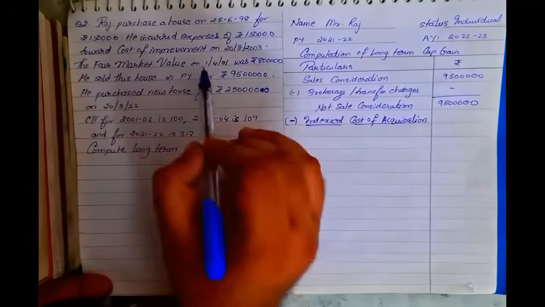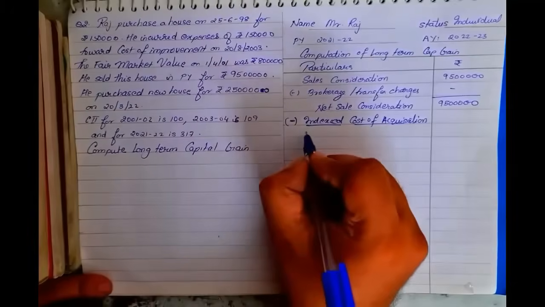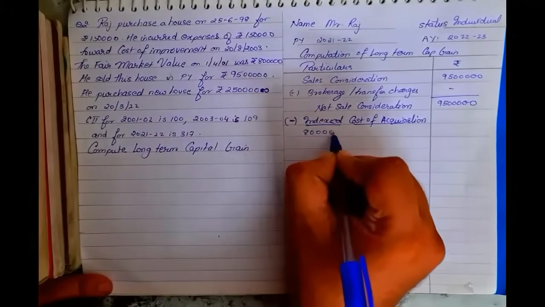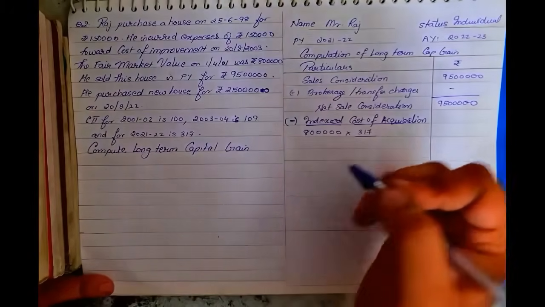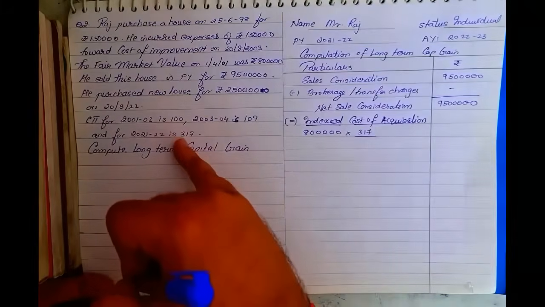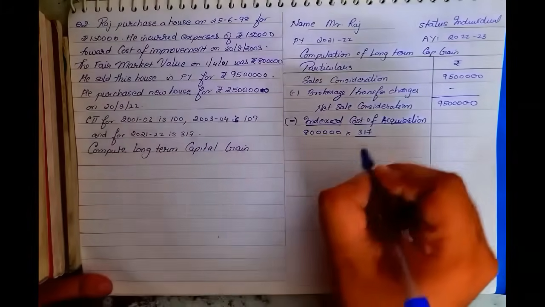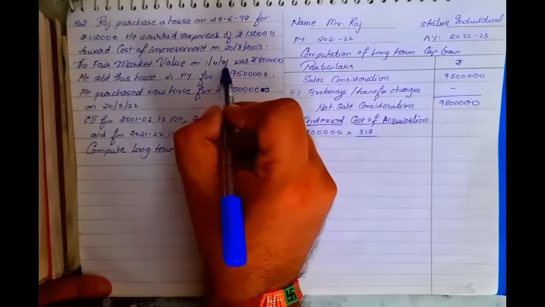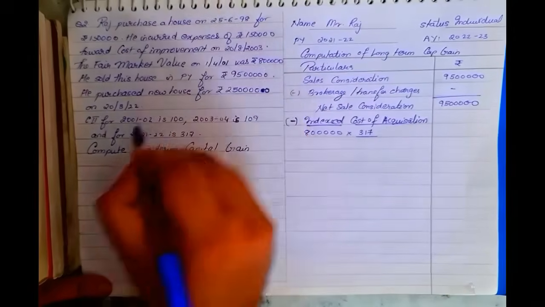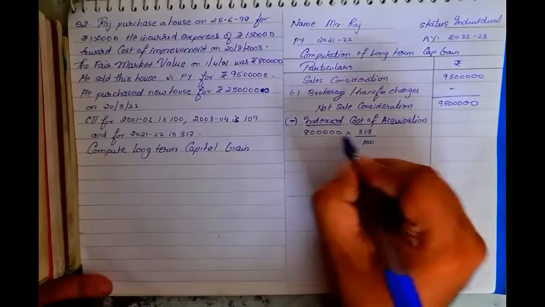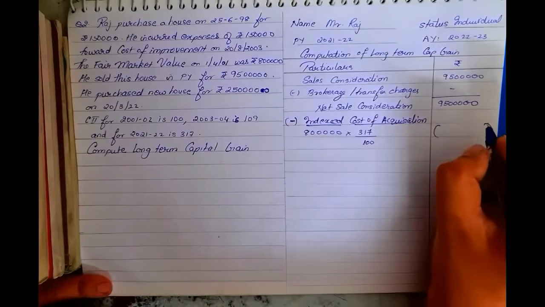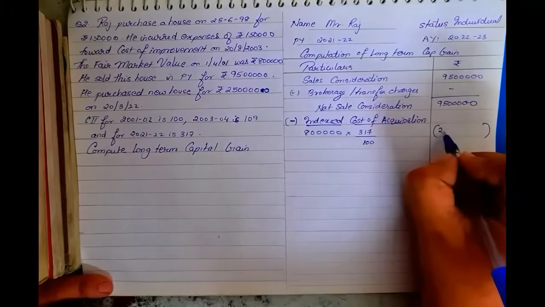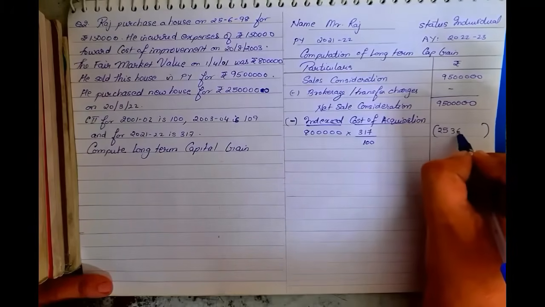So we'll have to take the fair market value as on 1st April 2001, which is 8 lakhs into 317, that is by default, because previous year CII is always 317 for the year 21-22. Now this amount was taken in the year 2001, so the rate is 100. So we multiply, we divide, and we'll get the indexed cost of acquisition as 25,36,000.